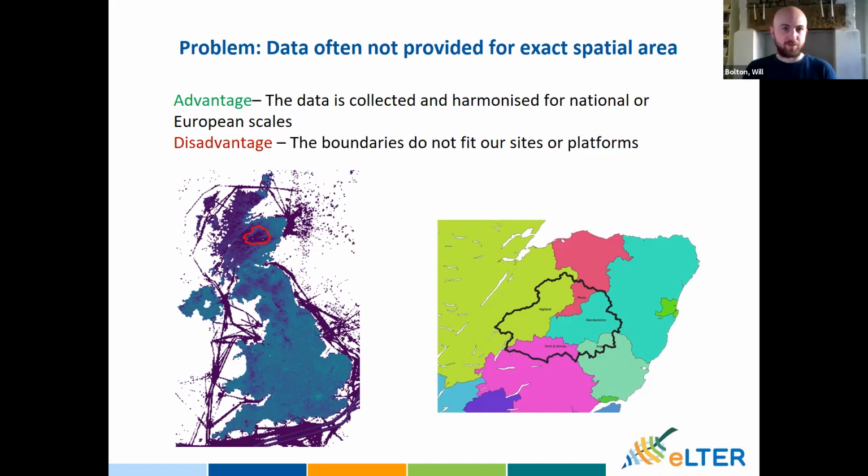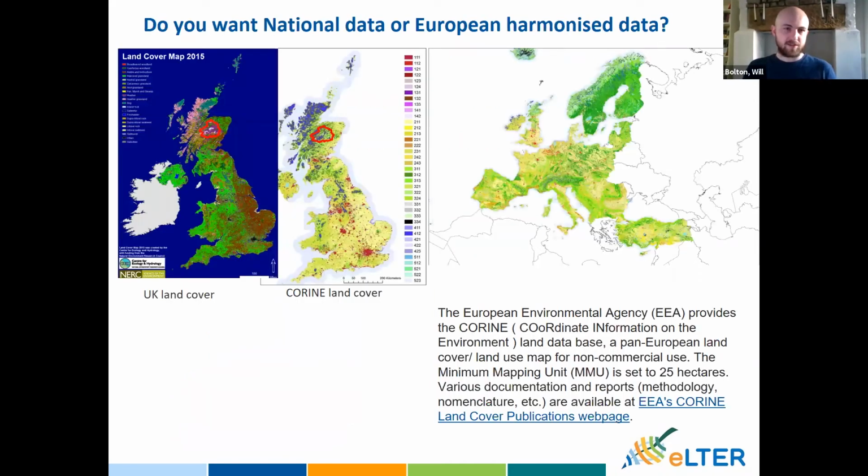So just a brief word before we look at roughly how this has been dealt with is the difference between national data and international data, or European data. So here we have spatial data for the UK, again looking at the Cairngorms.